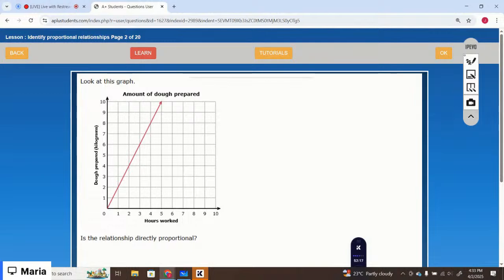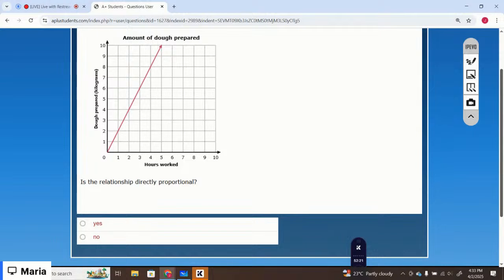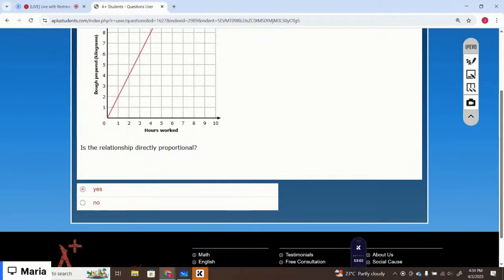Look at this graph. Is that relationship directly proportional? Which is the correct option? Yes, it is directly proportional.